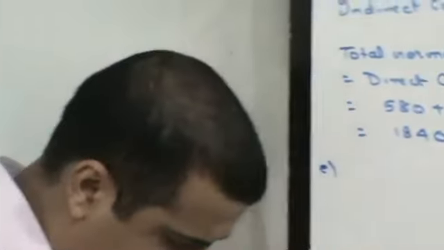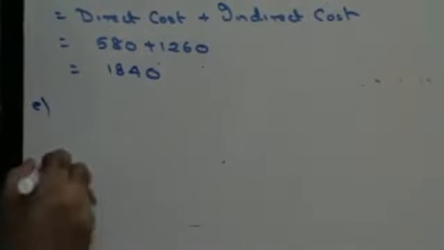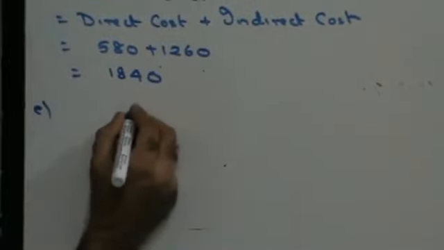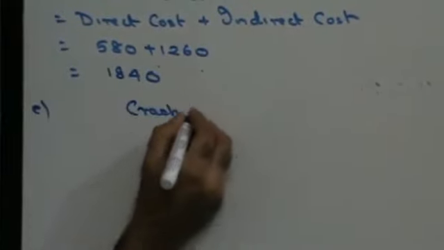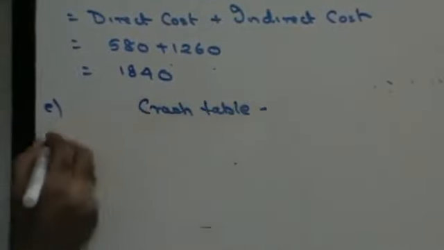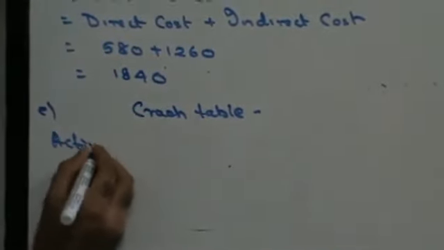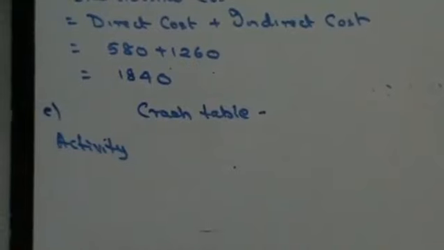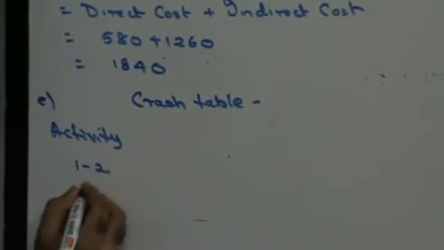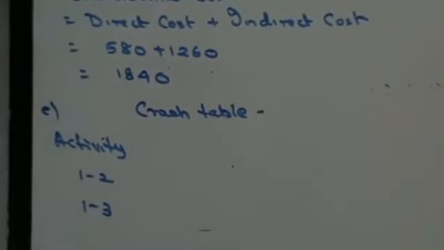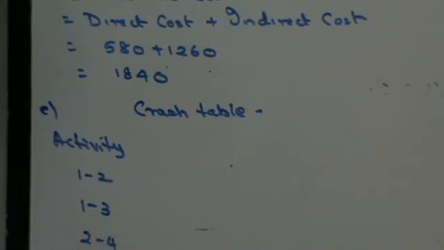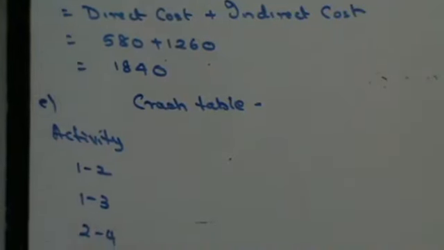You have to make a table which is called your crash table. You have activities: 1 to 2, 1 to 3, 2 to 4, 2 to 5, 3 to 4, 4 to 5. Right?